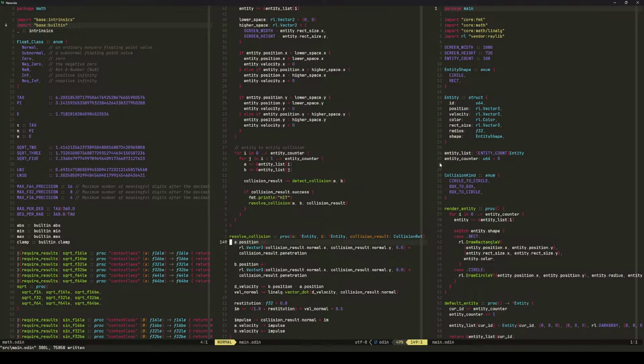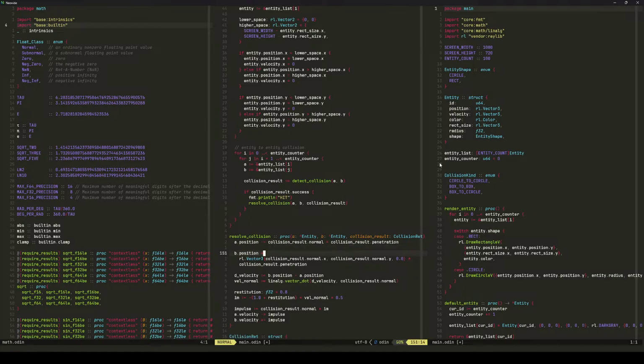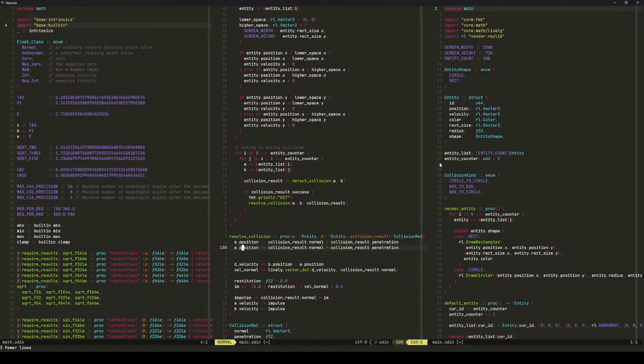Would it work? Position, right, and then position is equal to correction. I think I don't need this no more. Yeah? Yeah. Let's do this, bro.